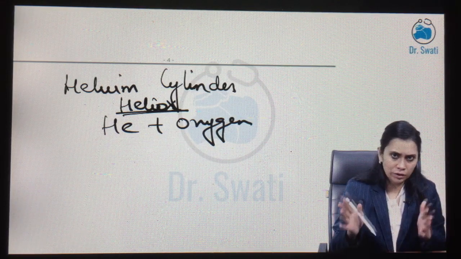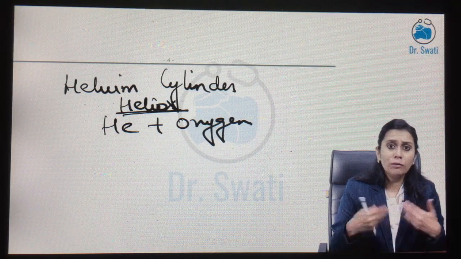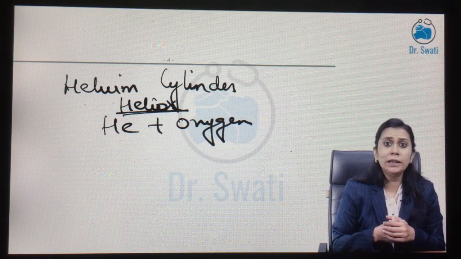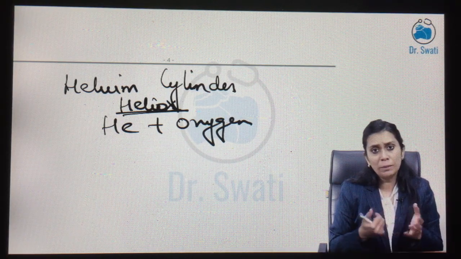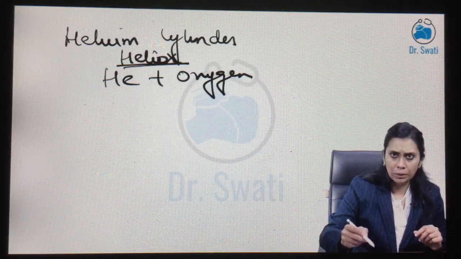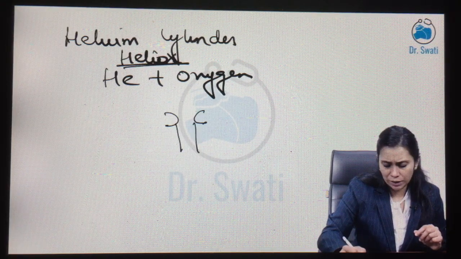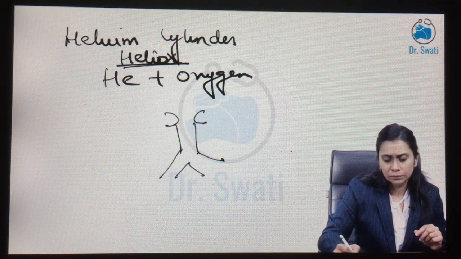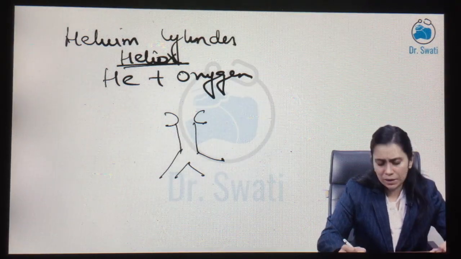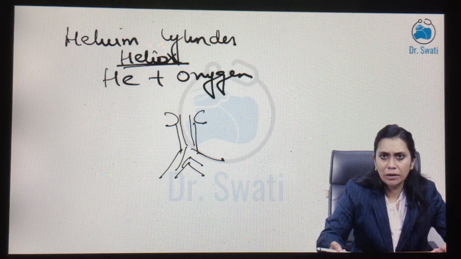If I want to give my patient oxygen, but I don't want the work of breathing of the patient to increase because already the work of breathing is more and airway pressure is high. Let's put up a clinical scenario. This is your glottic opening, this is your trachea and right and left bronchus. Let's say the patient has COPD and constriction of the bronchus has happened.